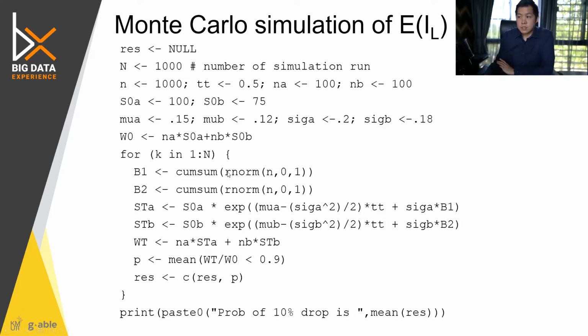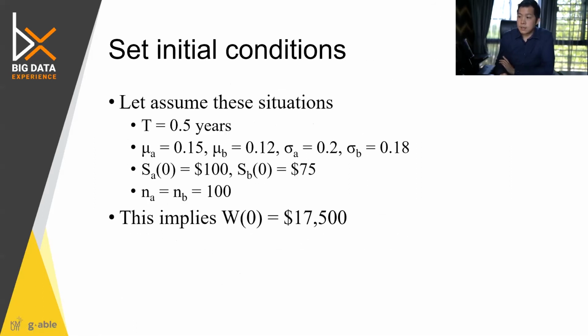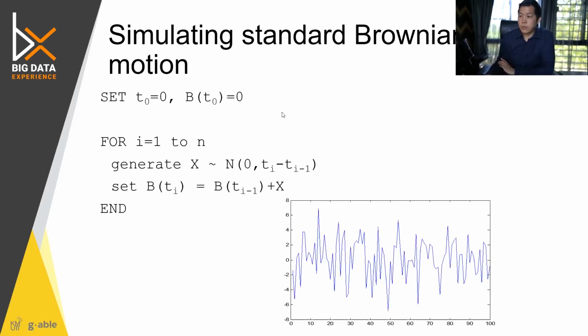This is X in the example in the slide, random of n from 0 and 1, because the difference between points is 1, and using cumulative sum, because this cumulative sum works just like this equation. This equation is actually accumulative, right?